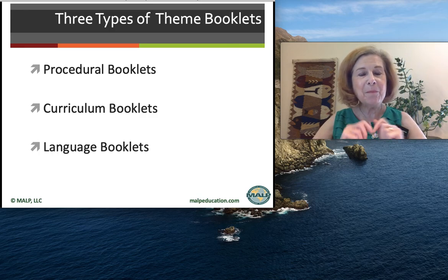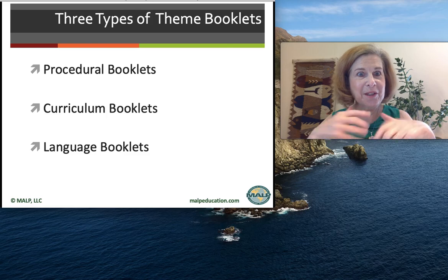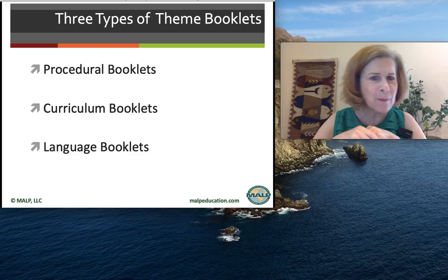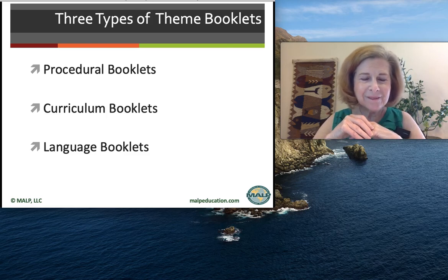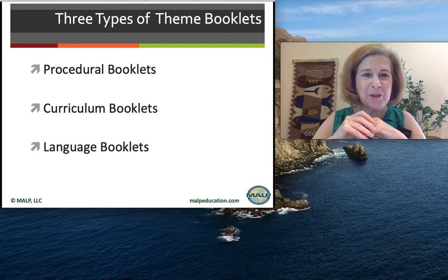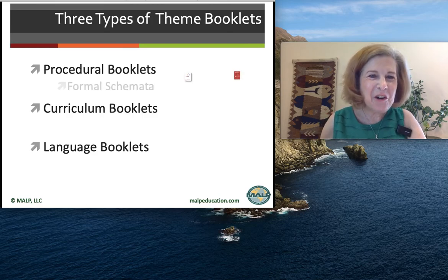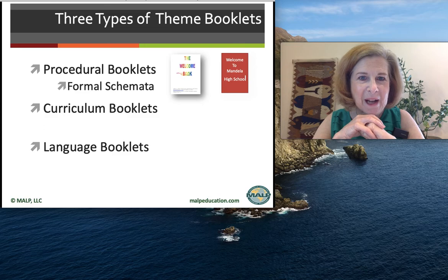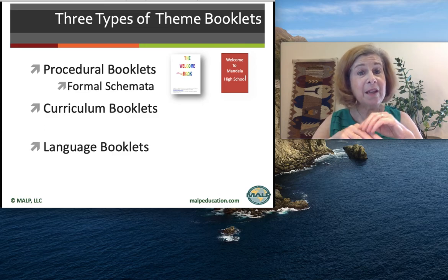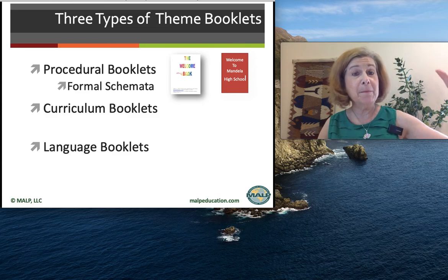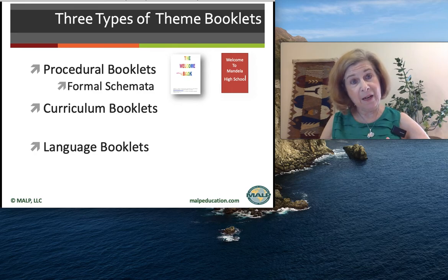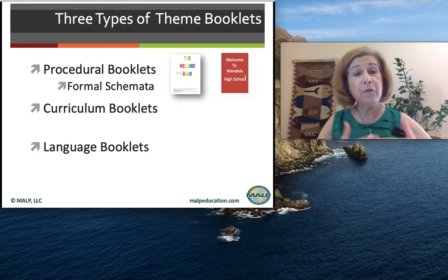And these 3 booklets correspond to the 3 schemata. Do you remember the 3 schemata? So procedural booklets correspond to formal schemata. Now remember, we said that all of MALP is formal schemata, which is a hidden agenda of school. But within that, we still have a focus on formal schemata and the other 2 schemata.